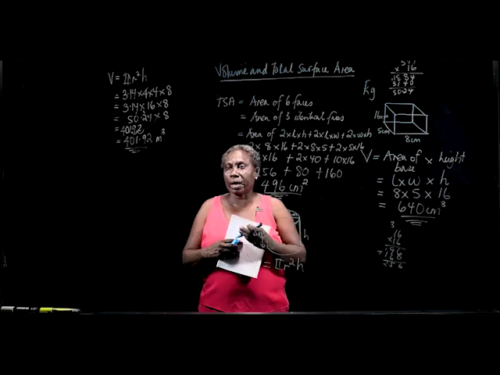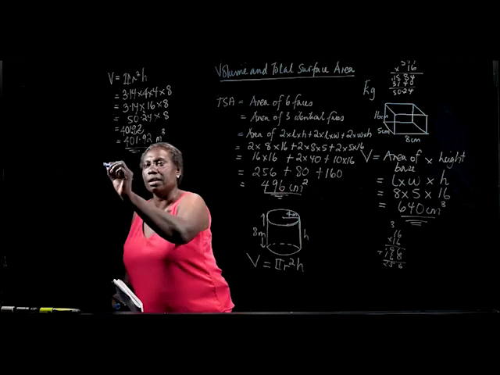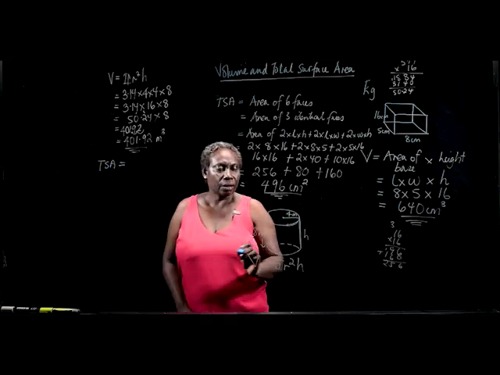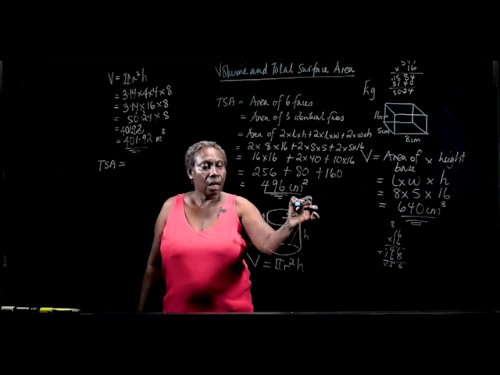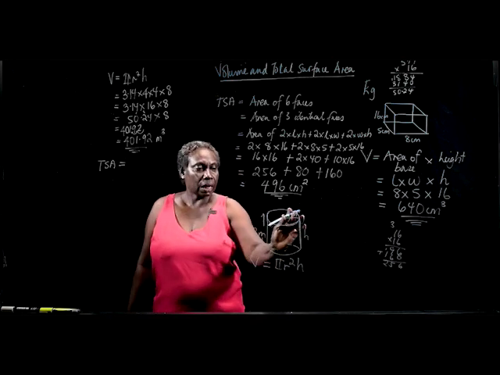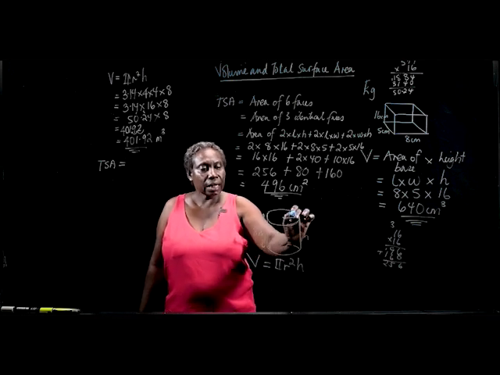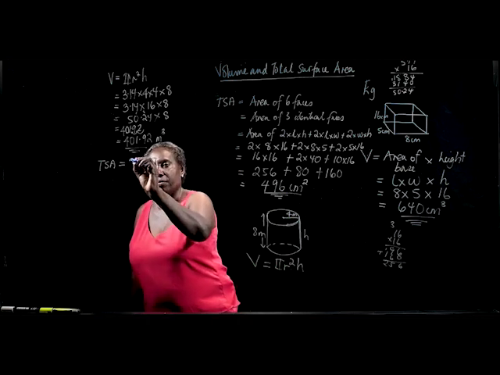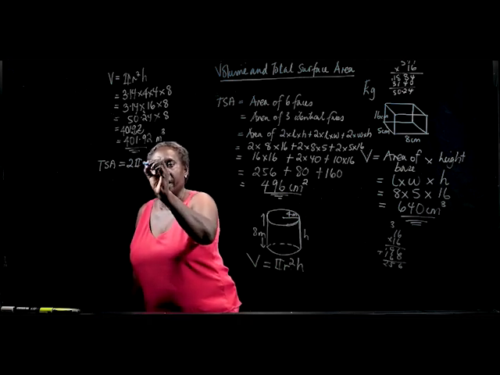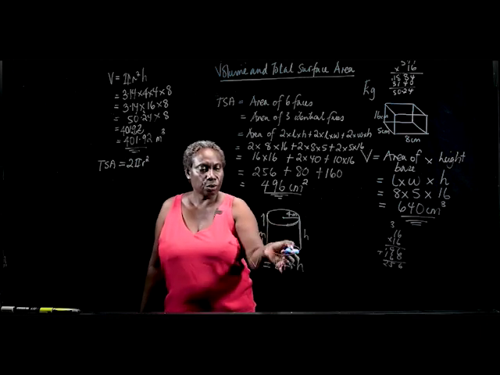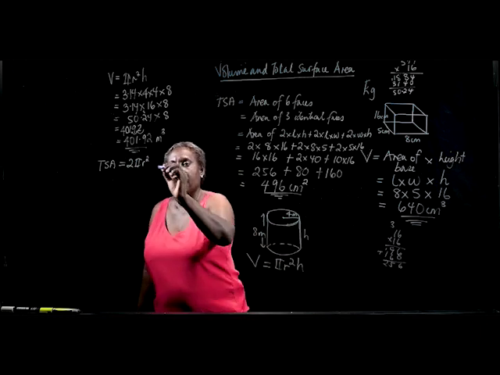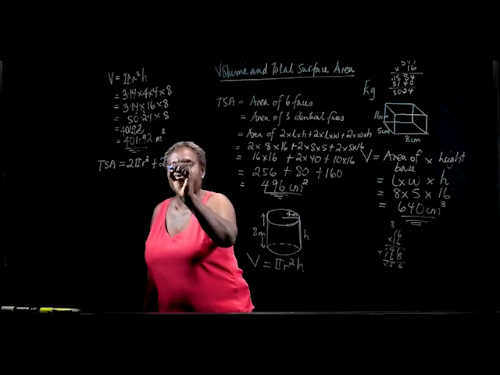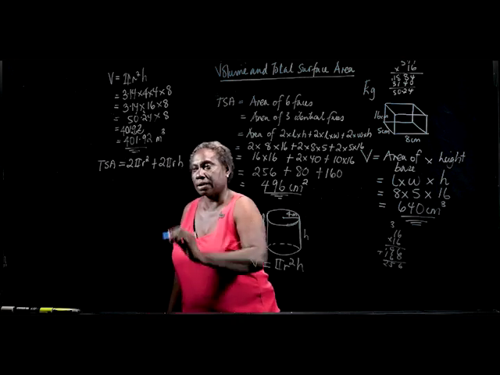We are going to now calculate the total surface area of the cylinder. So total surface area is equal to the area of the circles plus the curved surface. So the curved surface is equal to the circumference of the circle multiplied by the height. So we will have 2 times pi r squared for the 2 circular faces plus the curved surface, which is 2 pi r times the height.